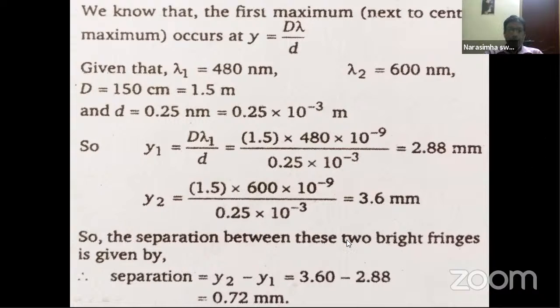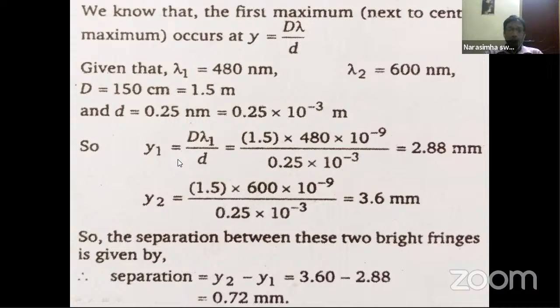So the separation between these two bright fringes: due to the 480 nanometer wavelength we get the image on the screen at 2.88 millimeters from the center, and due to 600 nanometers we get the spot at 3.6 millimeters from the center.